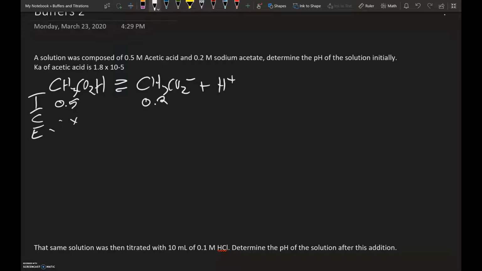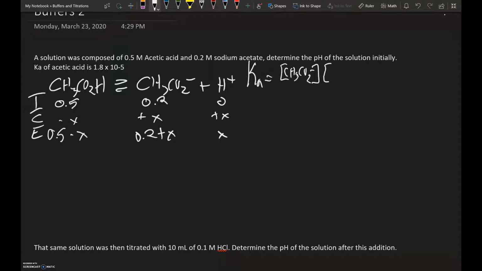This is going to go down, 0.5 minus X. This will go up, and then this is 0, just like we've done. So Ka is equal to the concentration of acetate times the concentration of hydrogen ion divided by the acetic acid. This is equal to the Ka value, which is 1.8 times 10 to the negative 5.